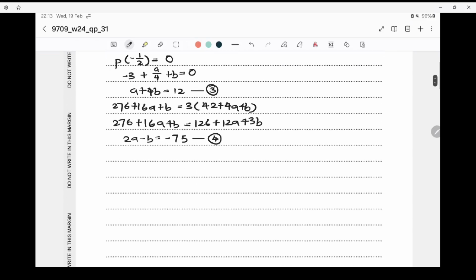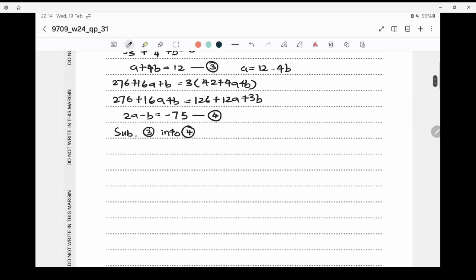Now what you need to do is to substitute equation 3 into equation 4. How do you substitute it? You just write a equals 12 minus 4b. Then you have 2 times 12 minus 4b, minus b, equals minus 75.